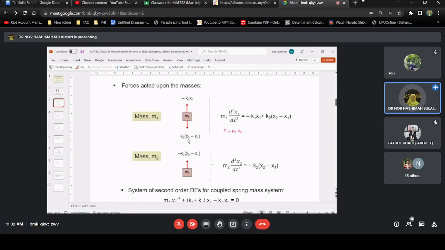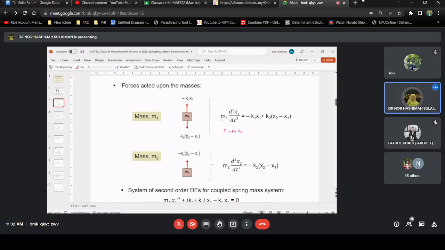Okay, so here the model can be written as K2 multiplied by the difference in displacement, x2 and x1. So this is actually the differential equation representing the model.